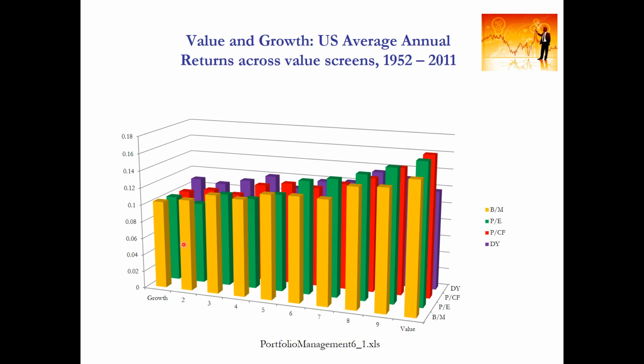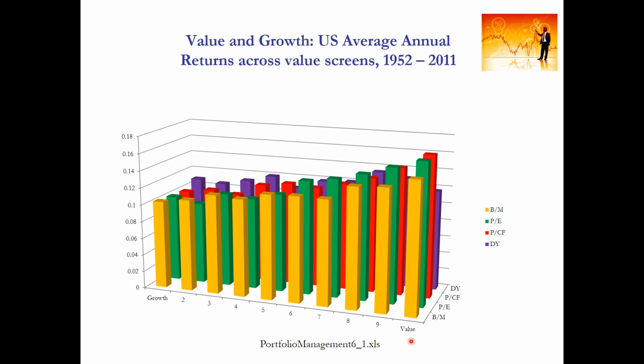So these are the average returns generated. Average return means the annual average return generated by each decile portfolio, created on the basis of these four screens. The smallest decile basically indicates the growth stocks, and the last one, decile 10, includes value stocks.